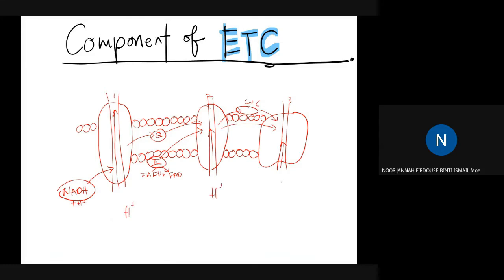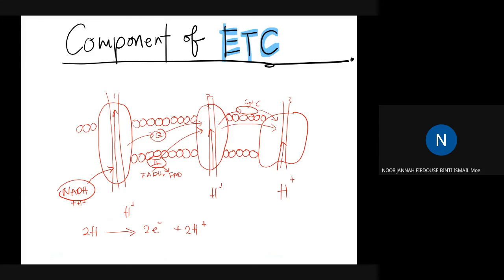They are called proton pumps. Remember, NADH transfers hydrogen and also electron. The electron will be passed through the electron transport chain, while the hydrogen ion will be in the matrix.